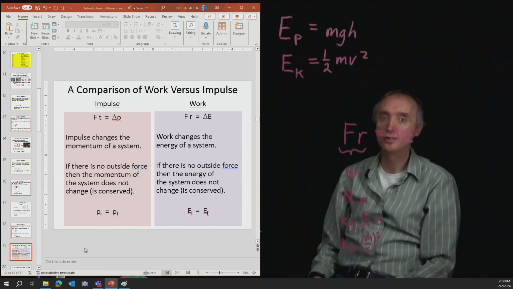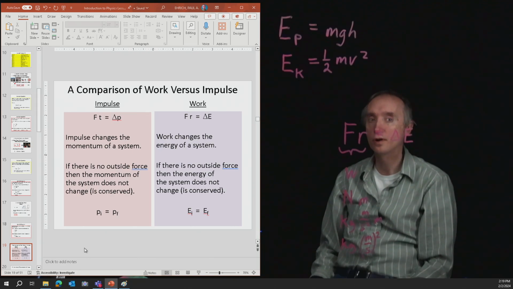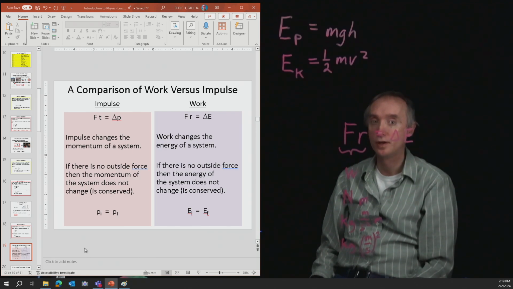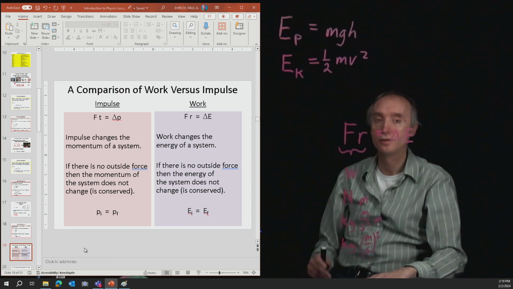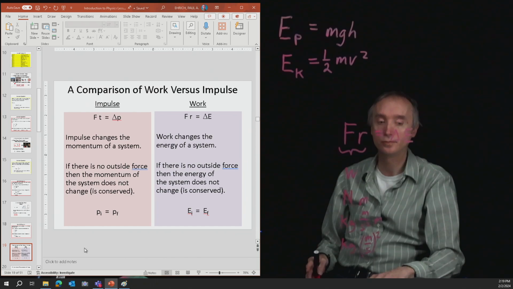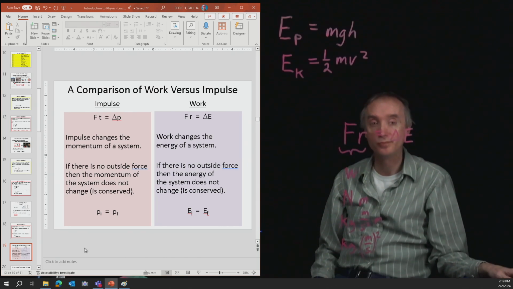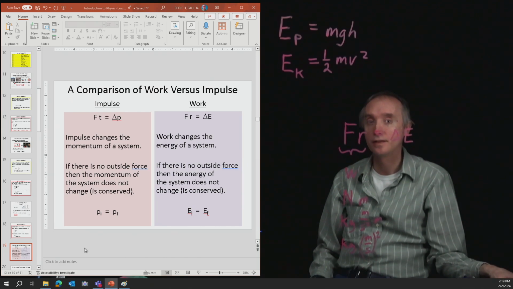And then I wanted to compare work with impulse. So if you recall, in a previous lesson, we talked about momentum, and we said that when you multiply the force acting on a system times the amount of time it takes, that causes the momentum of the system to change.